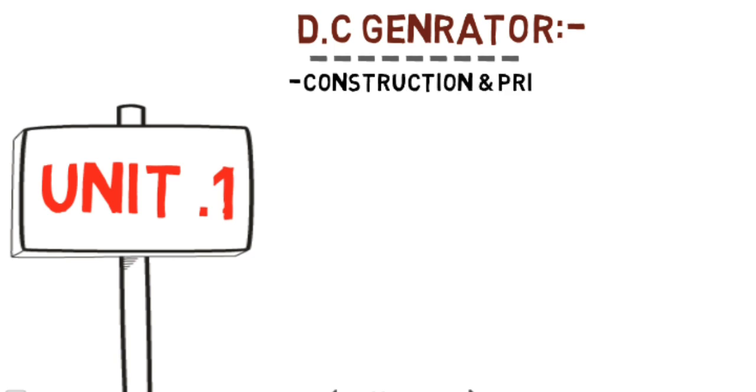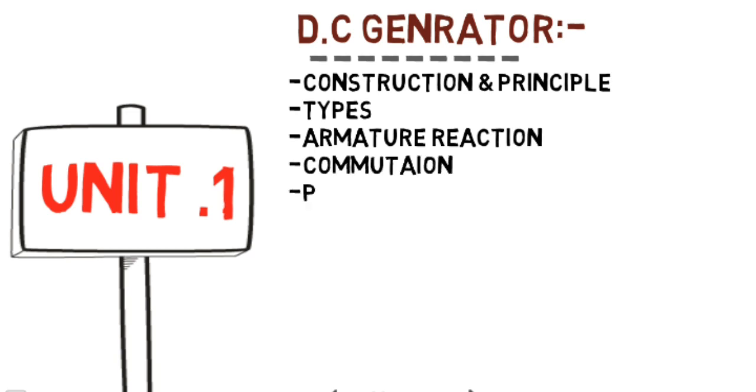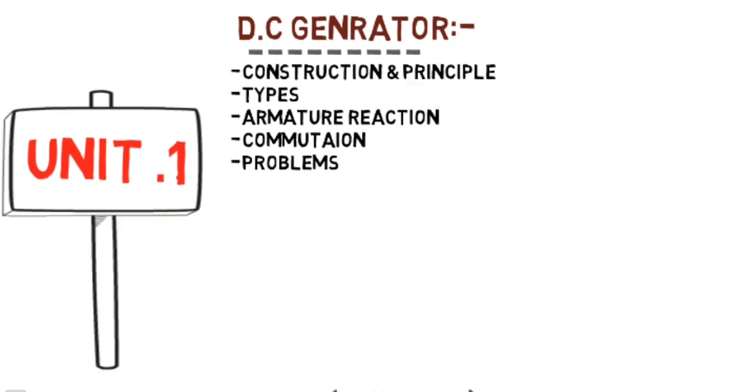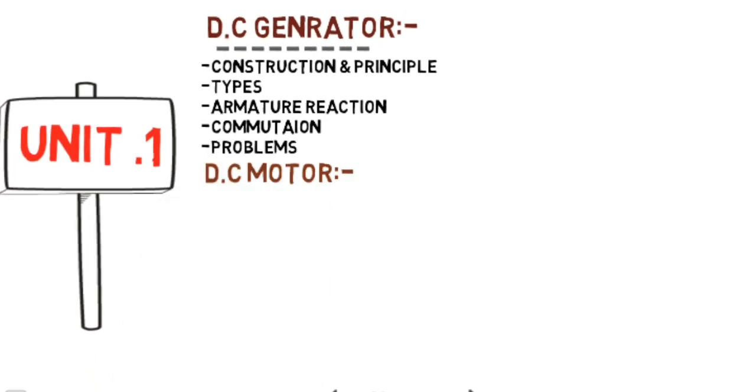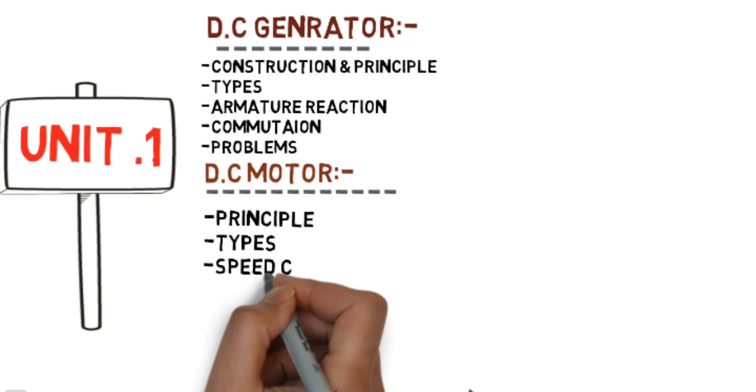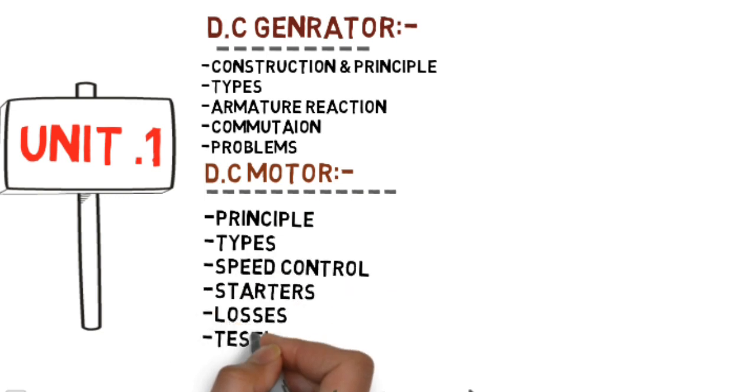After this we will see the types of DC generator, then armature reaction, commutation. After that we will see problems based on the DC generator. Now after that we will see the DC motor. Here the DC motor covers principle, construction, types, speed control, starters, losses, testing and braking.